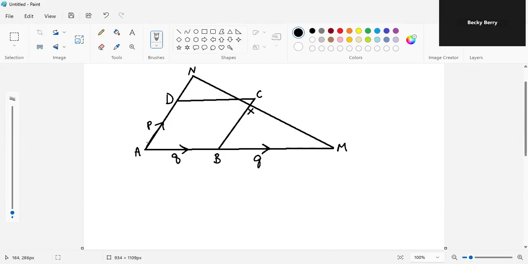The ratio from AD to DN is 3 to 2. So this vector from DN is the same direction as P, but it is 2/3 the size.